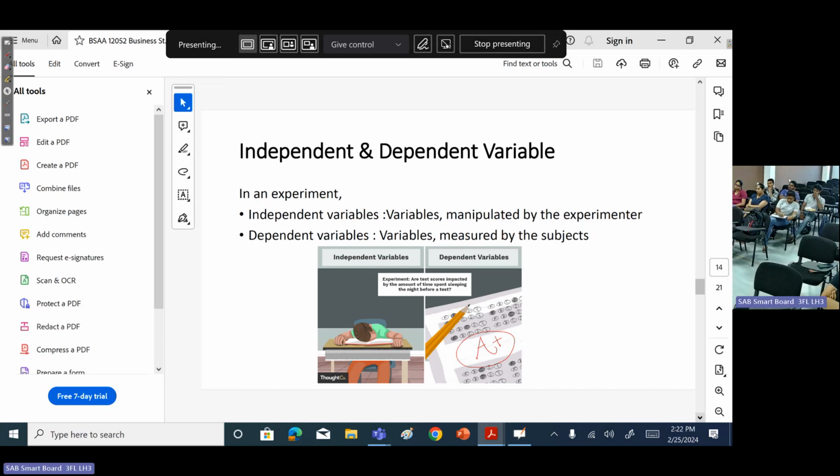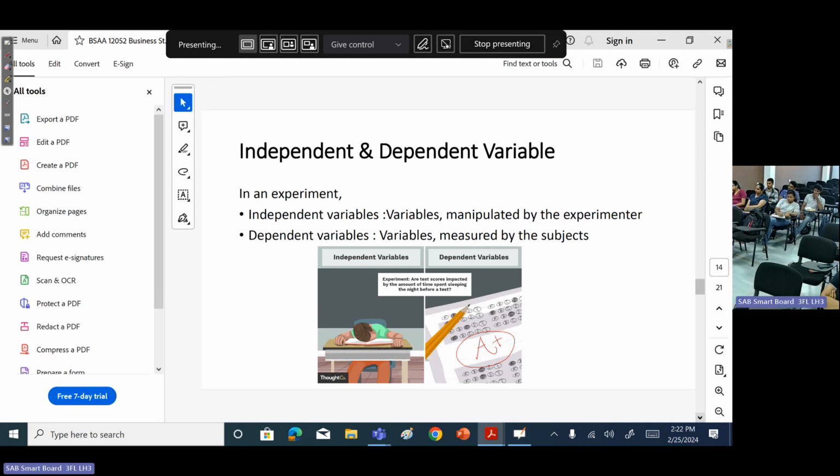It means the independent variable does not depend on the other variable. Understood?